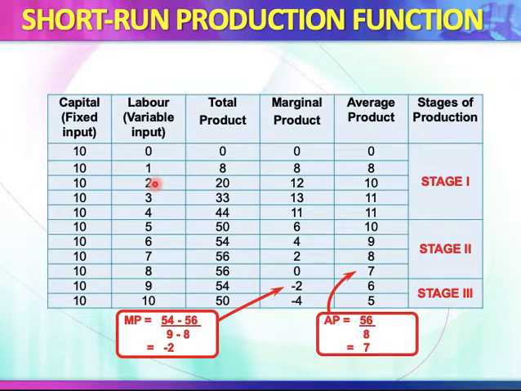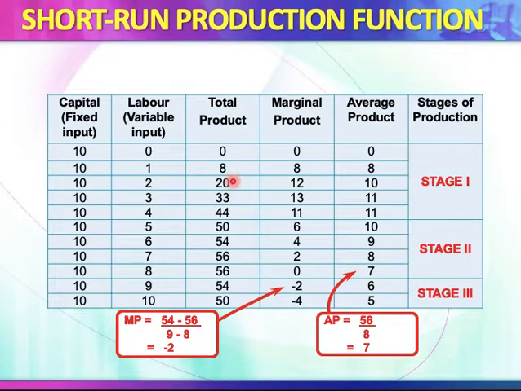When Bala comes to work, Ali and Bala produce 20 pairs of shoes. I don't know how much Ali produces and how much Bala produces, but on average, for those two labor, 20 divided by 2, I can assume Ali produces 10 and Bala produces 10. So this is average product.